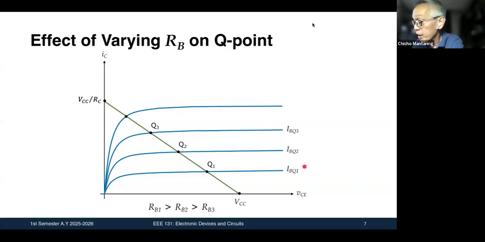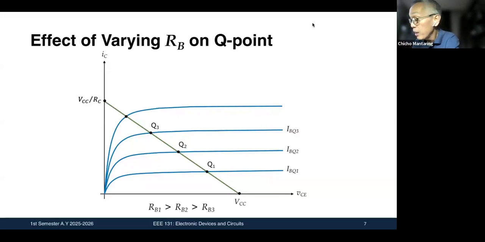Largest RB would result in the smallest IBQ. Next largest RB, so slightly smaller RB, and so forth. Then this is an even smaller RB, which will result in the largest IBQ. So showing here RB1 greater than RB2 greater than RB3. Pag malaki yung RB, maliit. Pag maliit yung RB, malaki.